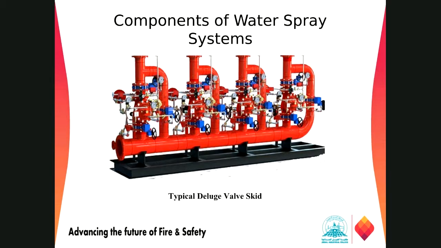This is what we call a deluge valve skid, right? You can find this kind of arrangement most commonly in refineries and similar places. It is intended to protect various equipment. It may go for a pump, for storage tanks, for heat exchangers, or for some compressor.